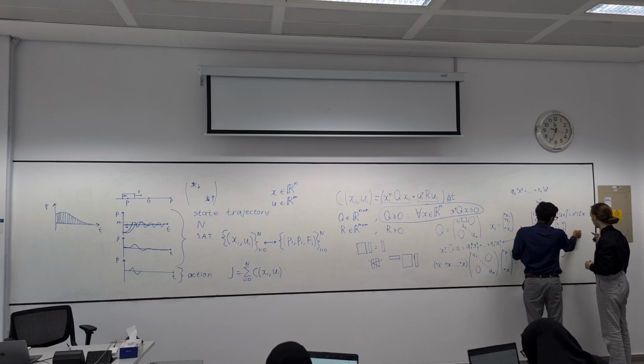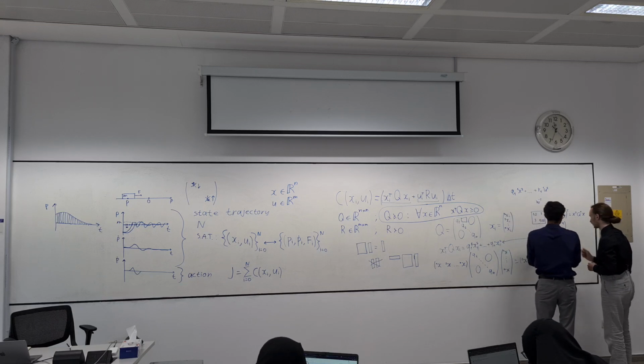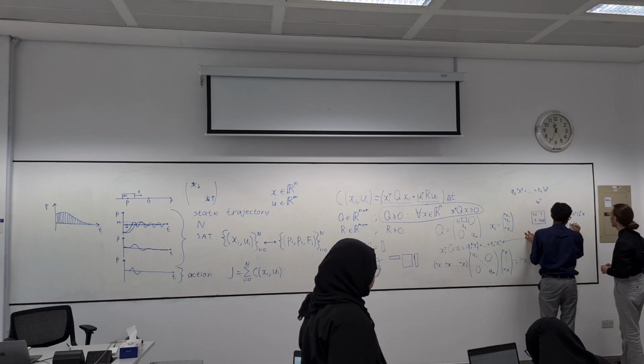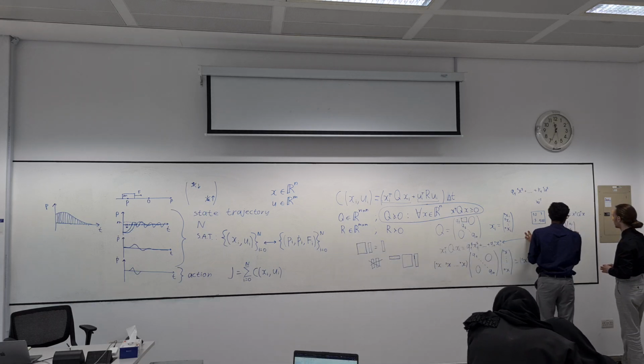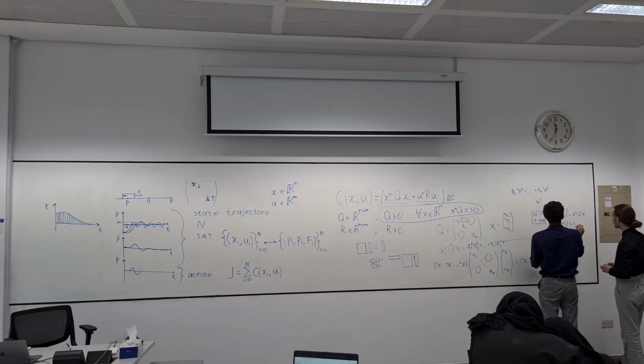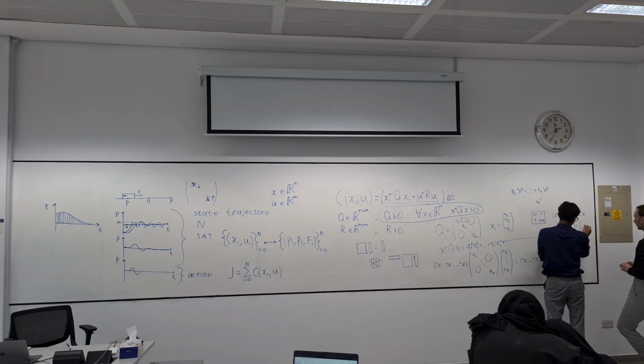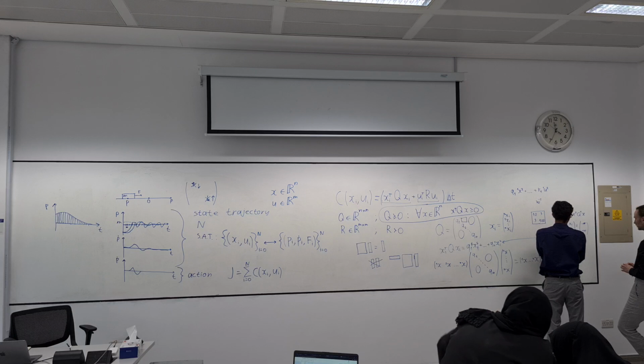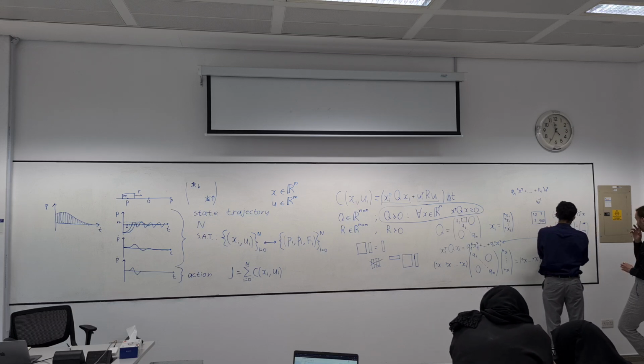Before squaring, you can still have a negative value here, and if you multiply with this, it can still be negative because this won't hold true.